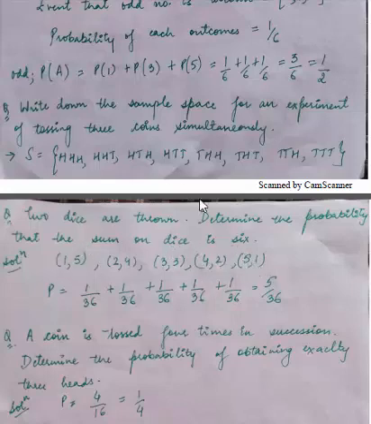In all these cases the sum is 6. The probability of 1 comma 5 is 1 by 6 into 1 by 6, that is 1 by 36. The probability of 2 comma 4 is again 1 by 36, 3 comma 3 is 1 by 36, 4 comma 2 is 1 by 36, and the last is also 1 by 36. By adding all these, we get 5 by 36.